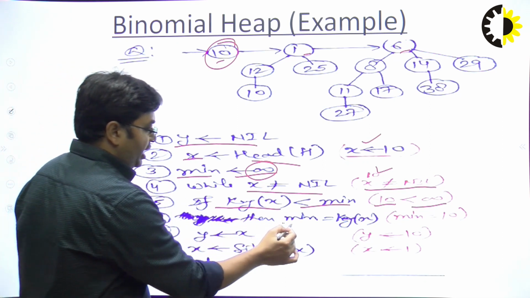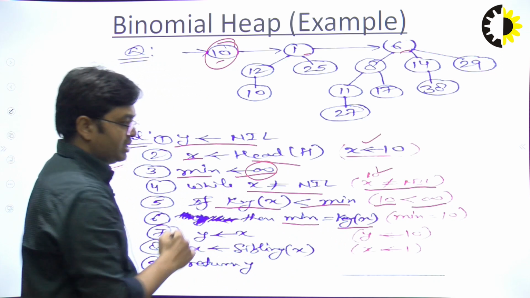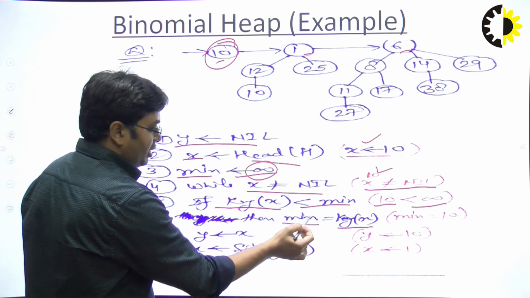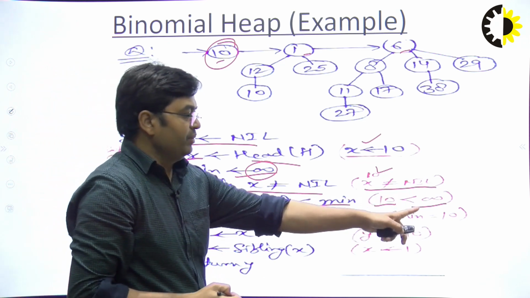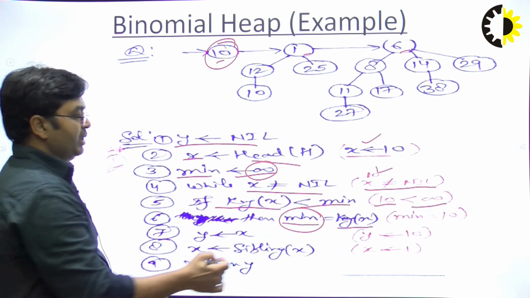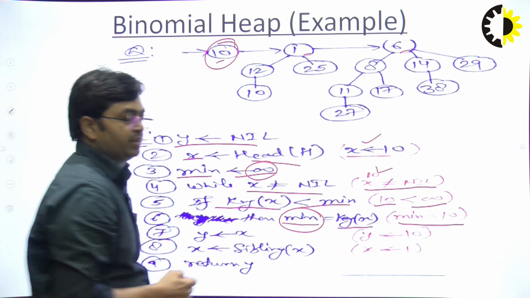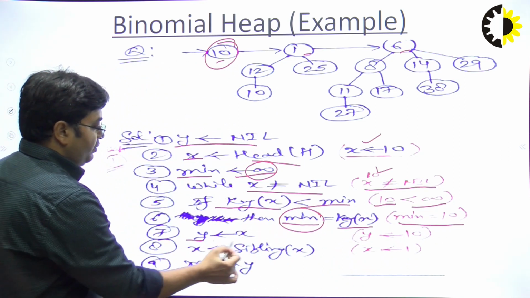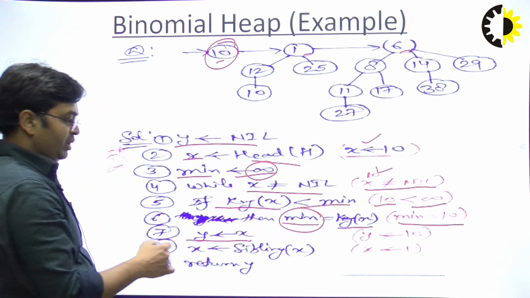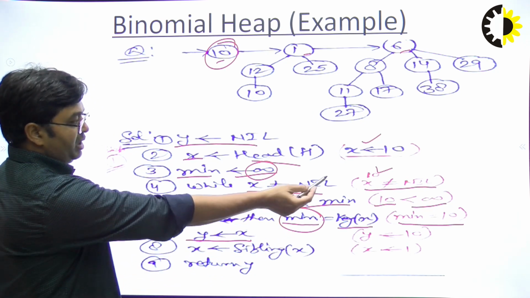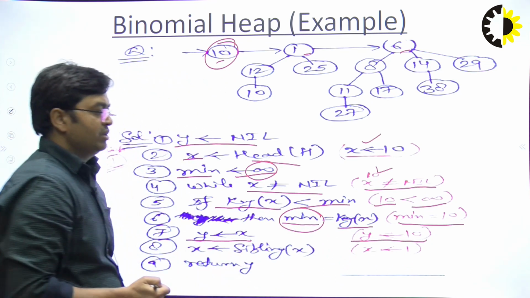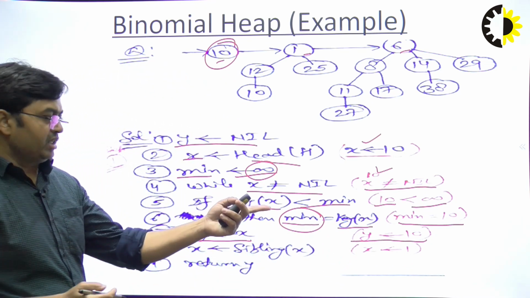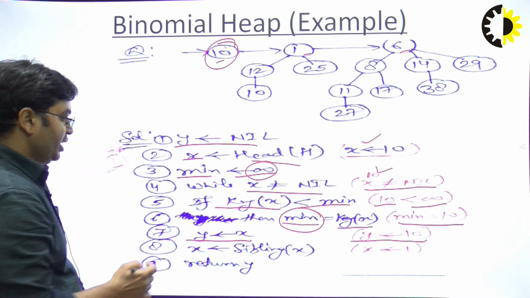Then we assign minimum equal to key of x, so the minimum variable becomes 10. Then we assign x to y, so the value 10 is assigned to y.